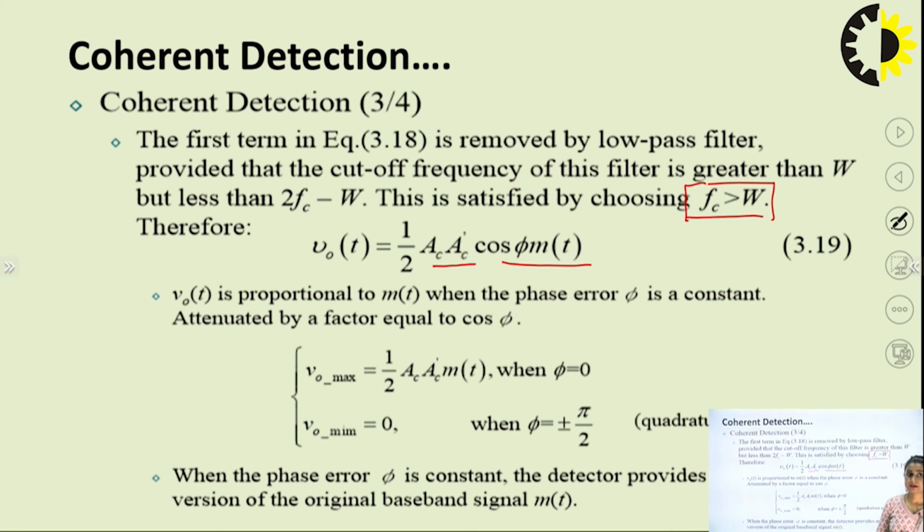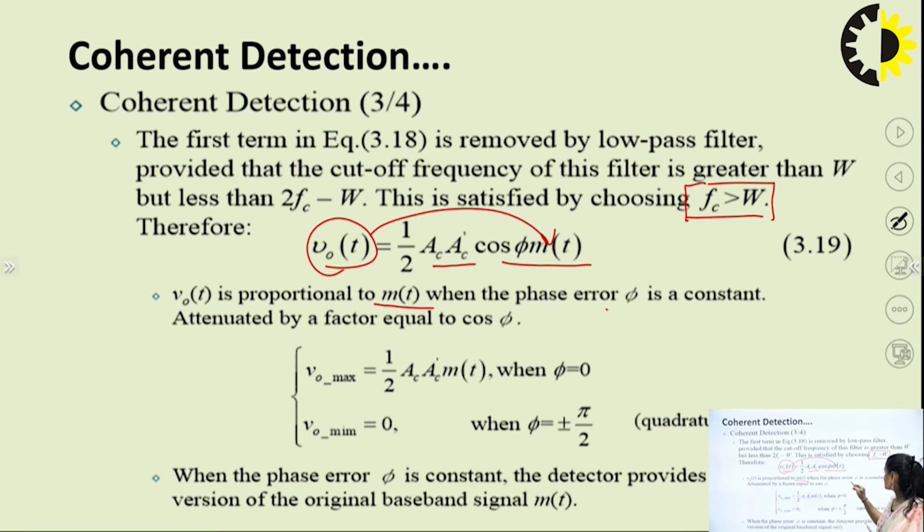Now let's see what should be the value of my phi. Initially I discussed that phi should be close to 0. We know cos 0 is 1. So if I am able to make it close to 0, I get exactly the value of cos of MT, right? V0 is proportional to MT. From here we can see this is proportional to MT, right?